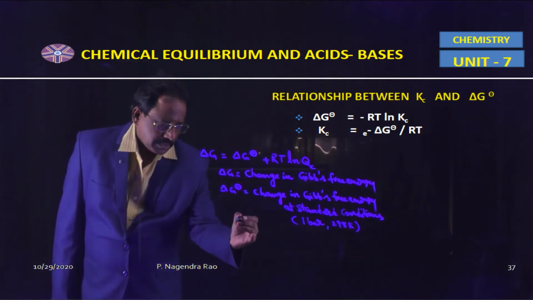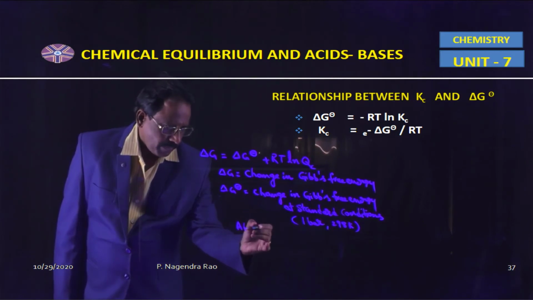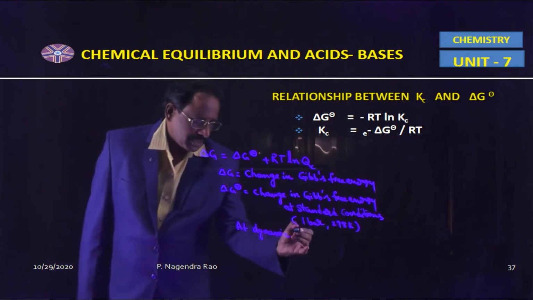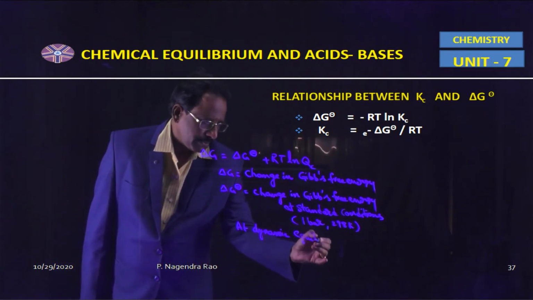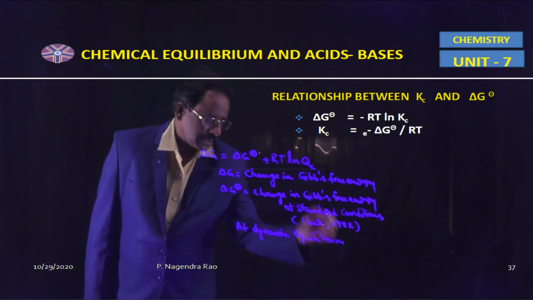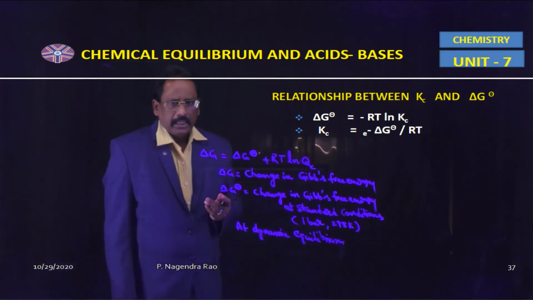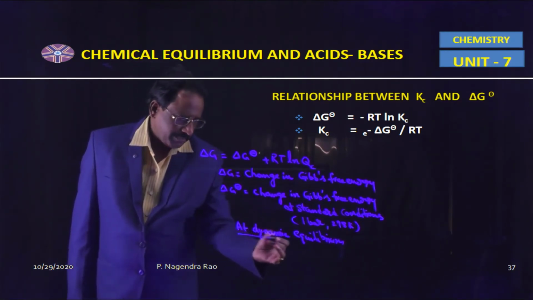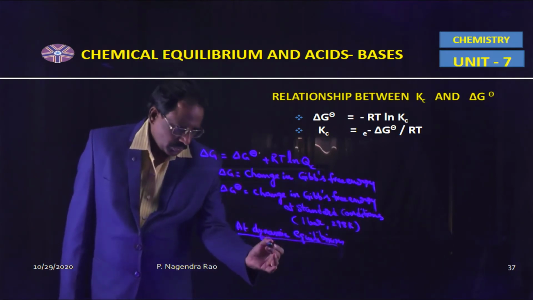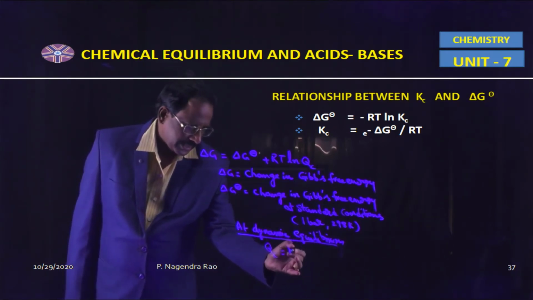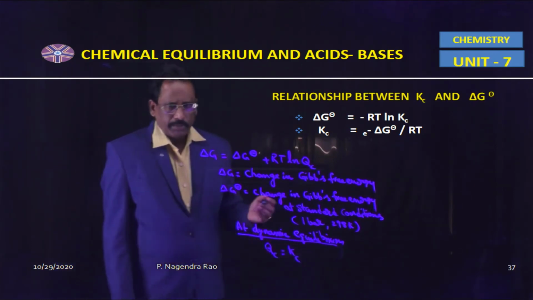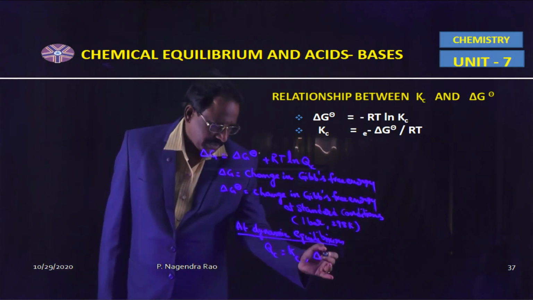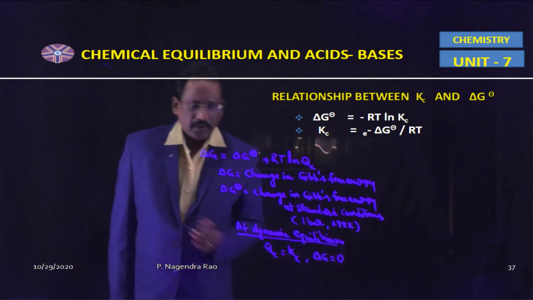If the system is at dynamic equilibrium, in this expression Qc indicates the reaction quotient. It is already known to you. If the system is at dynamic equilibrium, Qc becomes Kc, that means the equilibrium constant in terms of concentration, and the change in Gibbs free energy becomes 0.